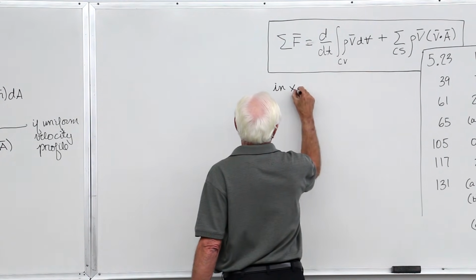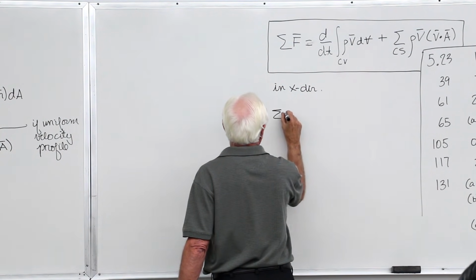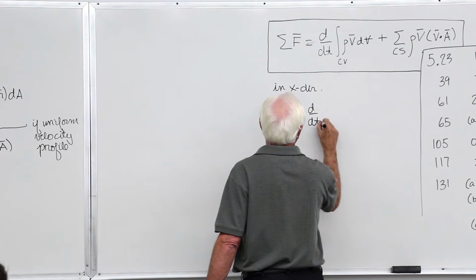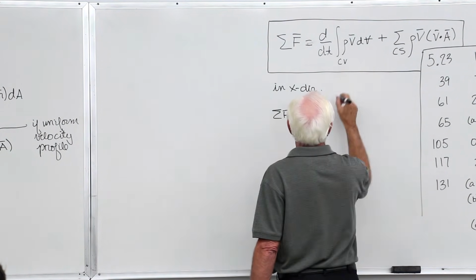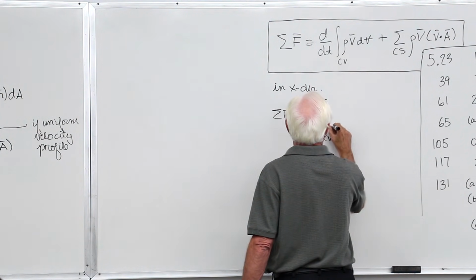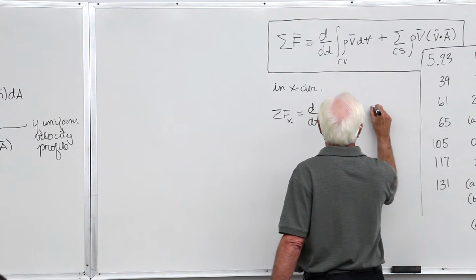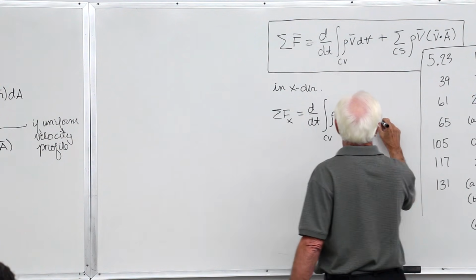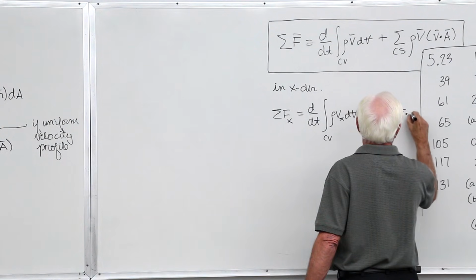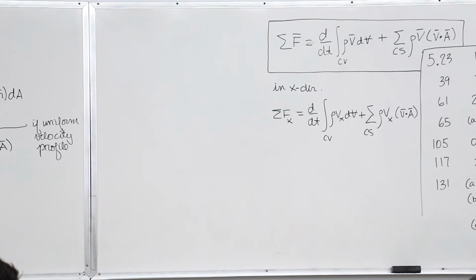In the x direction, we have the summation of the forces in the x direction, and this would be the velocity in the x direction, plus the sum over the control surface of the velocity in the x direction times v dot A. And it would be similar, of course, for the y and the z directions.